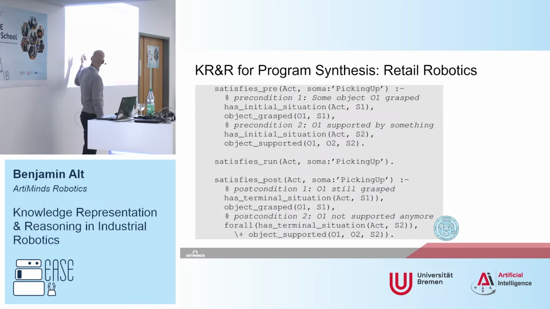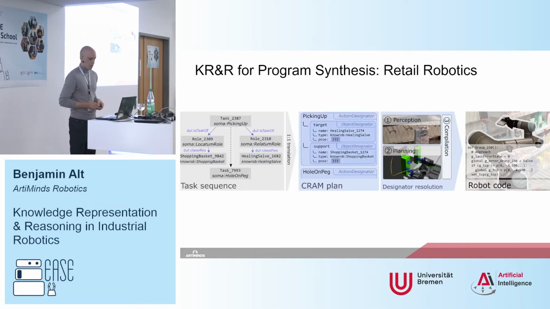Maybe runtime conditions are not important for picking up, and post conditions are the object is still grasped, but now it is not in contact with anything anymore, or it is not supported by anything anymore. That is not the gripper. So then we have picked it up successfully.